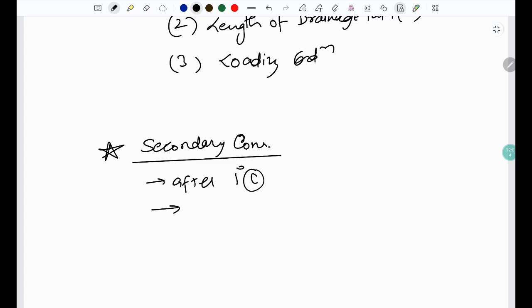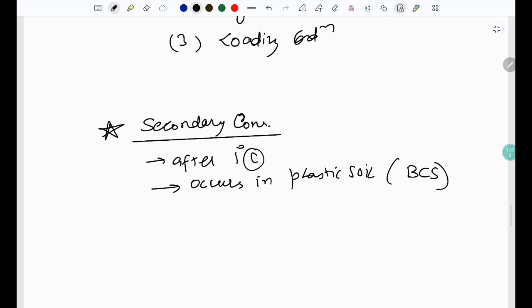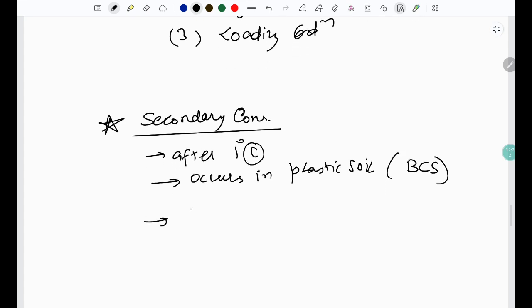Second is that it occurs in plastic soils, like black cotton soil, which has high plasticity due to montmorillonite, and it happens similar to that of creep of metals.